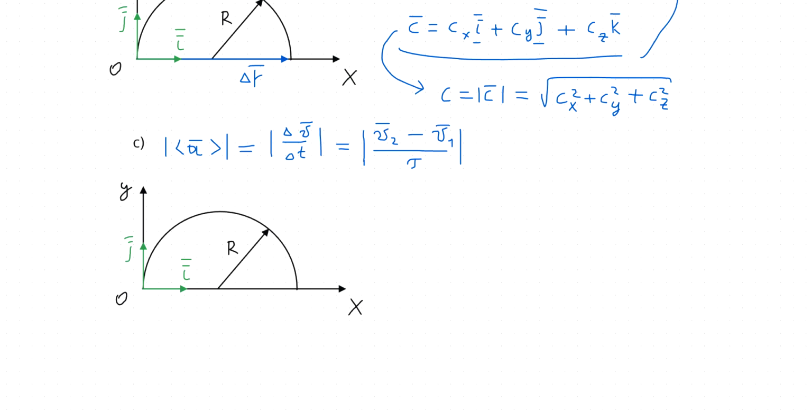We need to show this on the picture now. First step is to show these values on our picture. So 2πr divided by tau... but no, it will not be 2πr divided by tau, because we have acceleration.